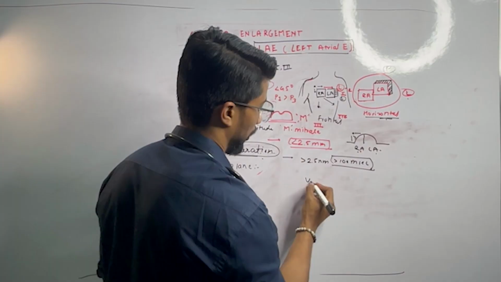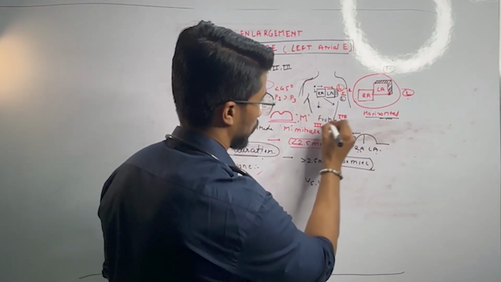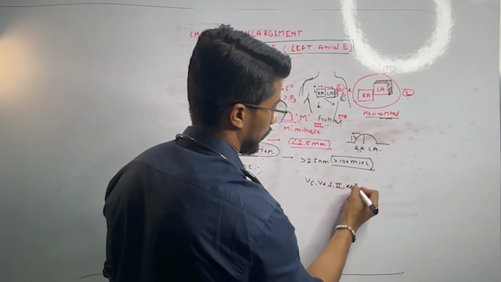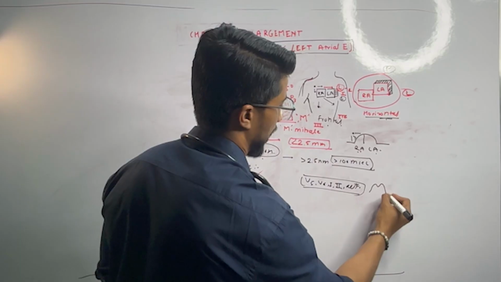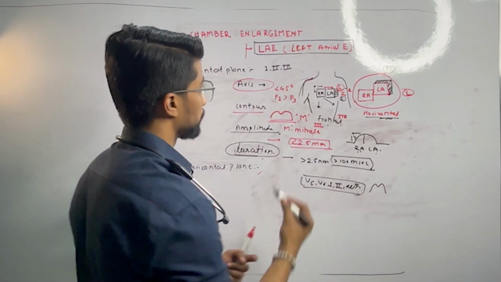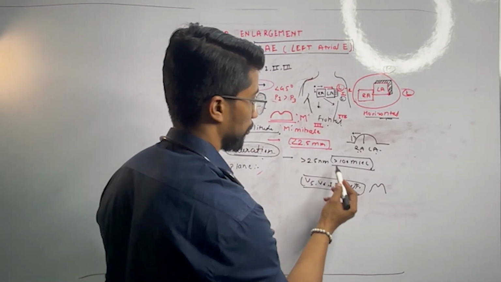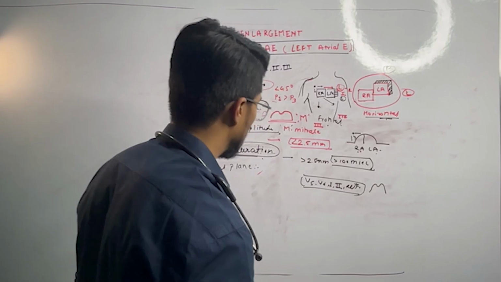So your V5, V6, lead 1, and the inferior leads, lead 2 and lead AVF, will show the best contour of the M mitral of your left atrial enlargement. The duration, as I said, is going to be more than 2.5 mm, right? Which is more than 100 milliseconds.